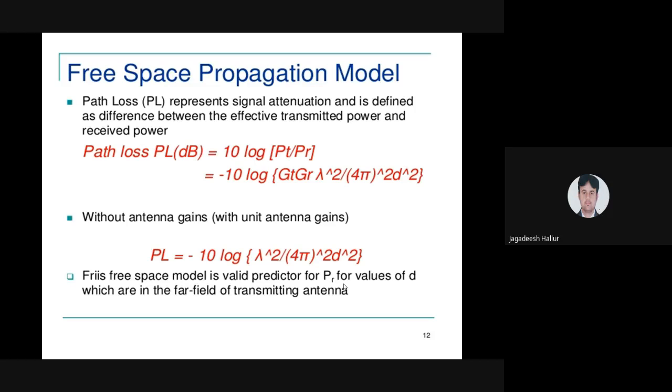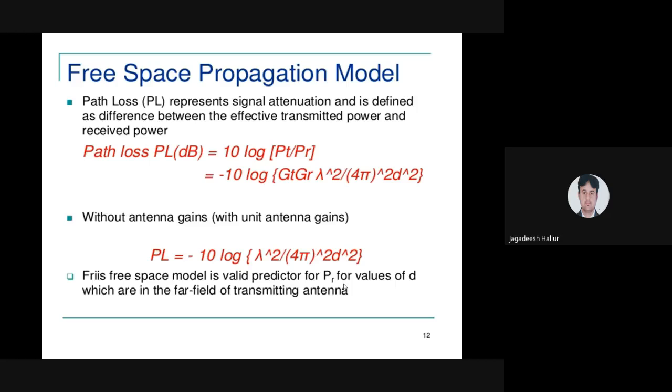Write down these equations. PL in dB equals 10 log of PT divided by PR. Here a direct equation is written: minus 10 log of GT GR lambda square divided by 4 pi square D square into L. How has this equation come? The formula for path loss is PL in dB equals 10 log of PT divided by PR.